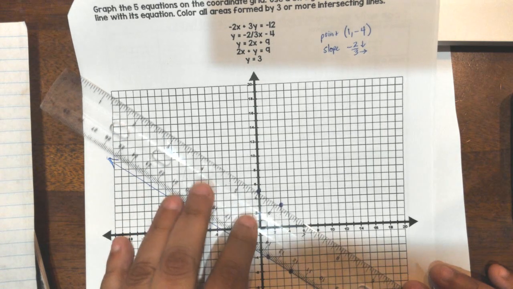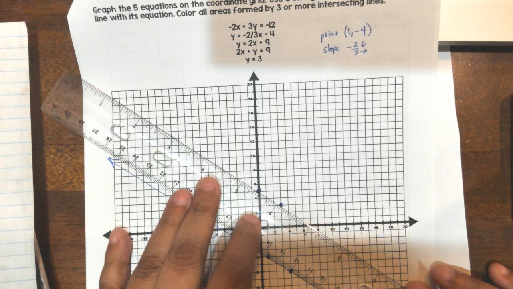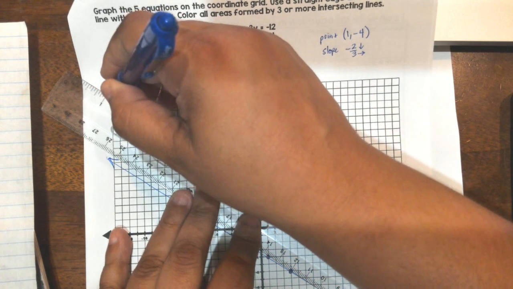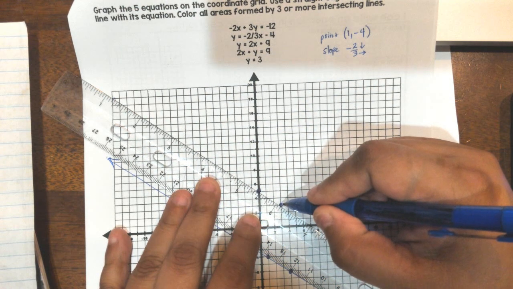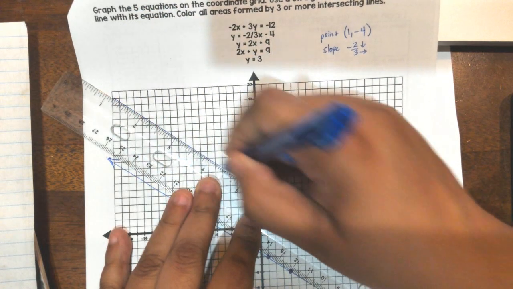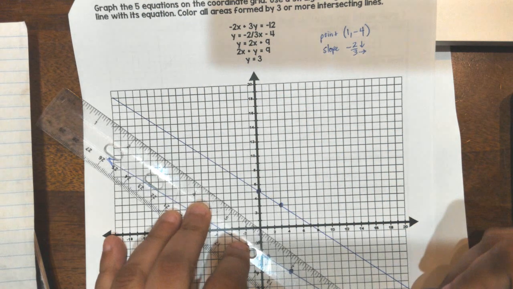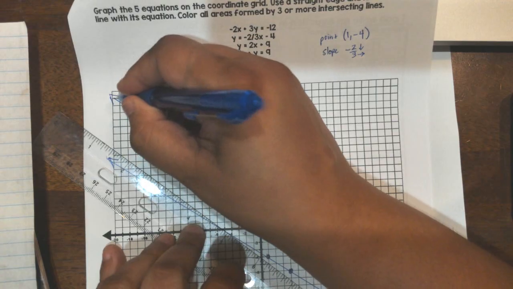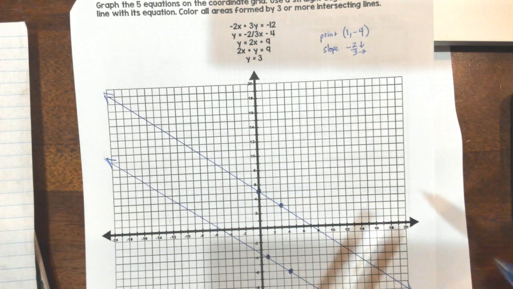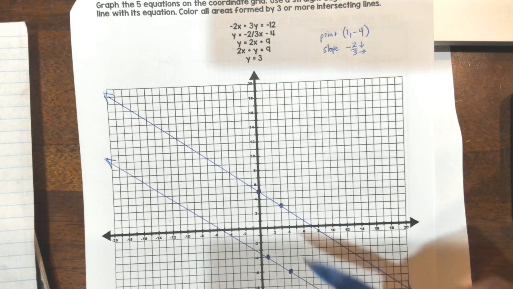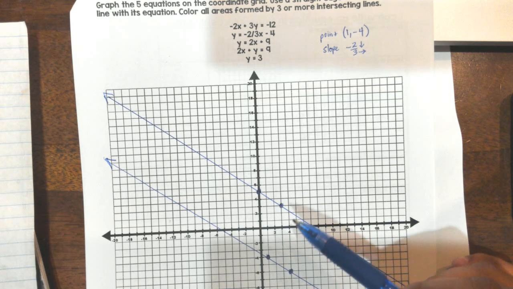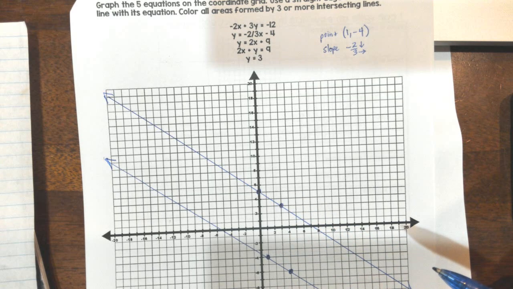Now these are just examples. Now, these are considered parallel lines because they have the same slope.